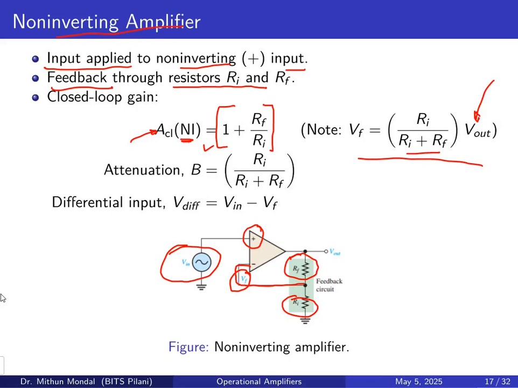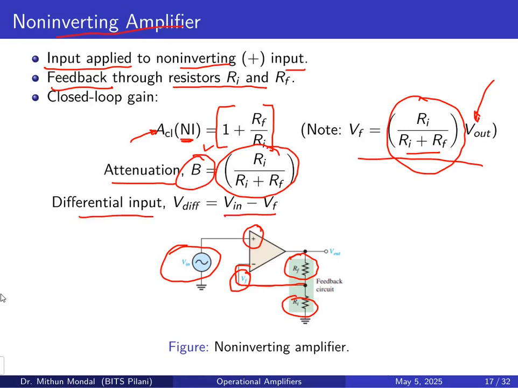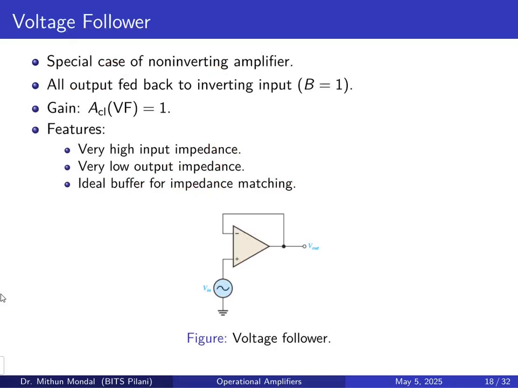So this is with respect to the voltage division rule. Note here, this factor is known as the attenuation. So Ri by Ri plus Rf is basically the attenuation denoted by B and the differential input is basically the difference between the input voltage and the feedback voltage. So this is the differential input that we give.